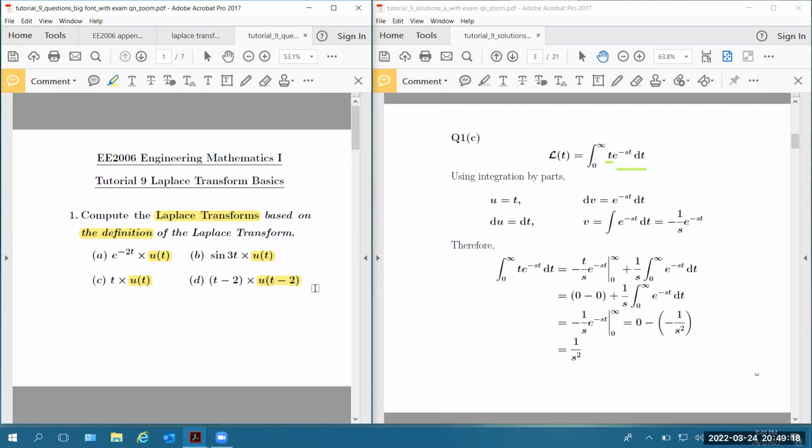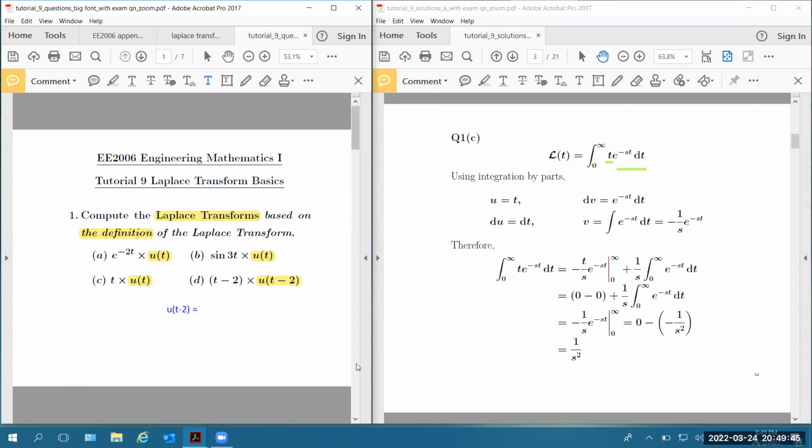Let's go and see this thing. First of all, we look at this u(t minus 2).